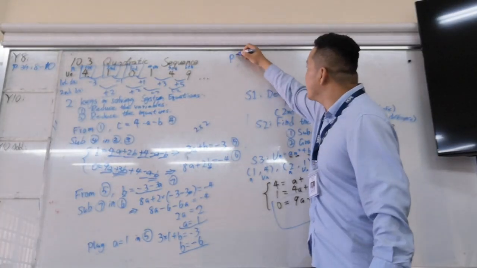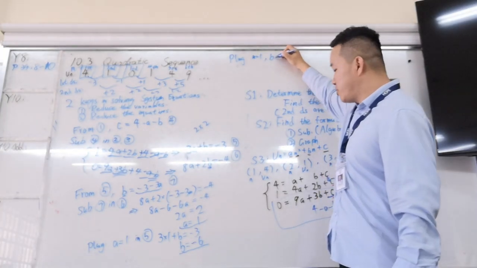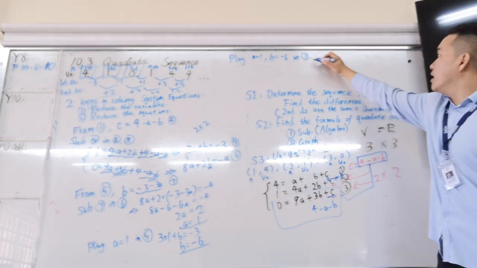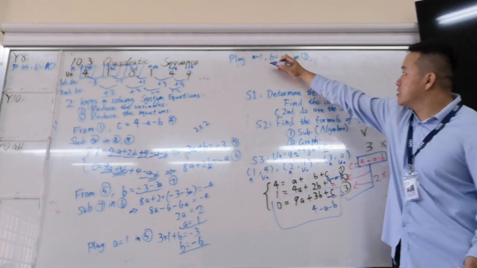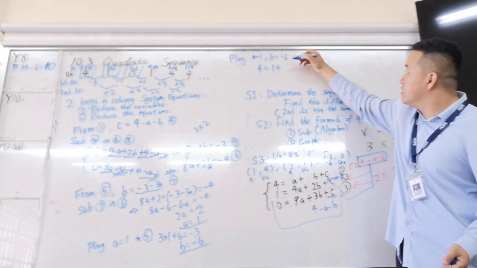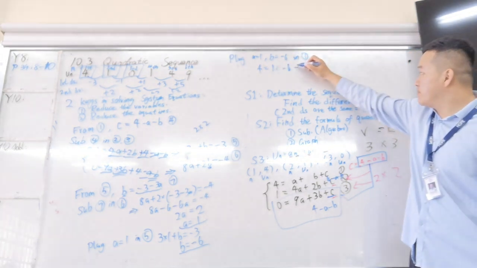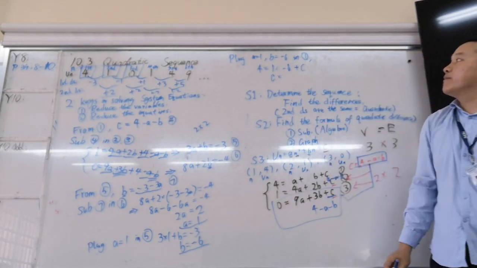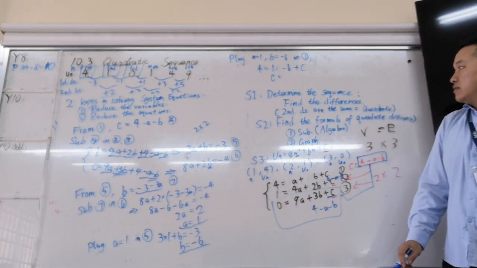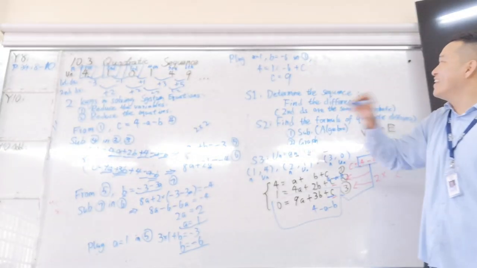Plug in A equals 1, B equals minus 6 in 1, and then you have the equation. 4 equals 1 minus negative 6, just make it plus C. C is equivalent to 9. Correct.